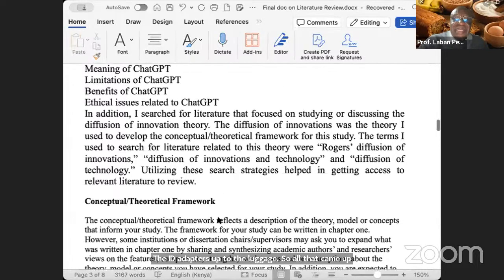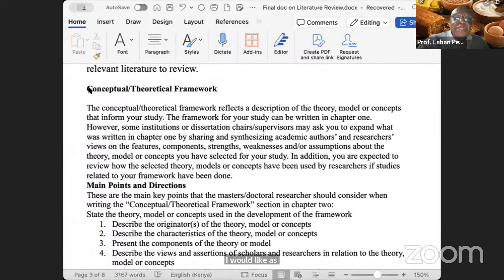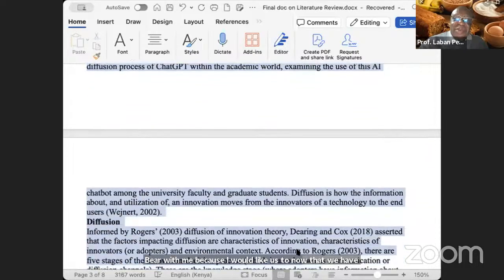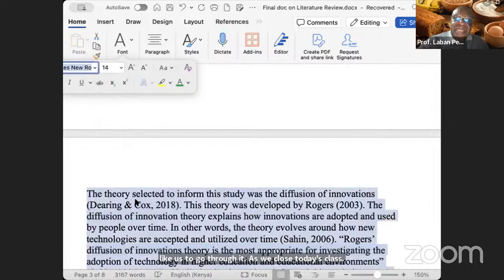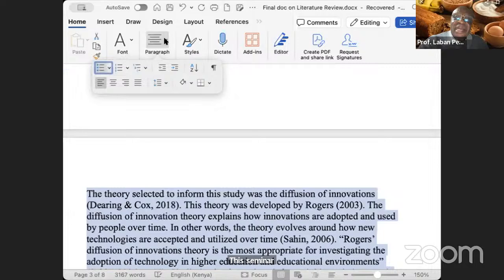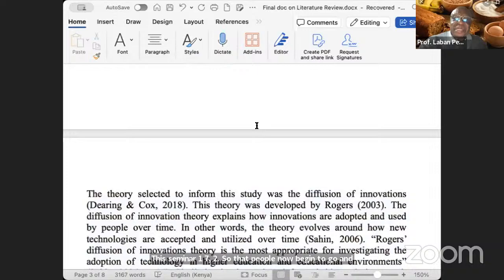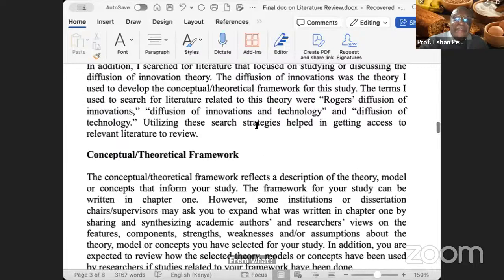I would like us, bear with me, now that we have encountered the conceptual framework, to go through it as we close today's class, this seminar 2, so that people now begin to go and say, how will my chapter 2 look like? From what Prof did with us, how will my chapter 2 look like?